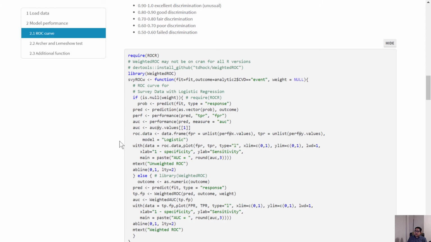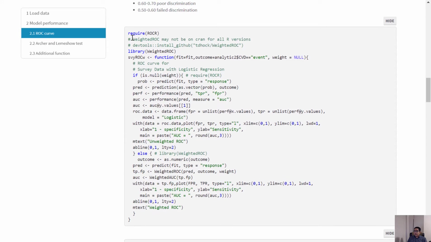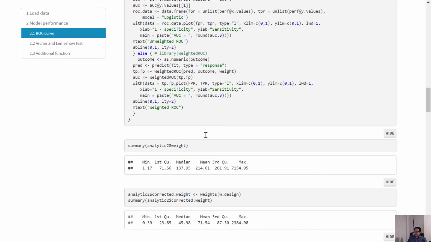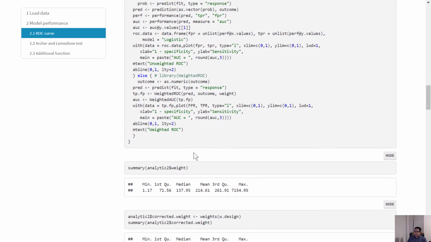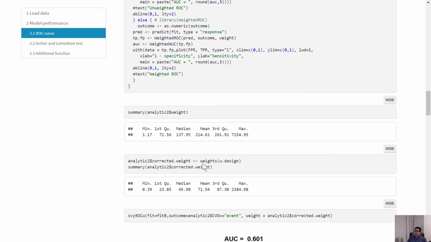So unfortunately there is no particular function inside any particular package, as far as I know. There are some functions that work for non-weighted data, and for weighted data there are some functions available, but they need modification for the purposes of our AUC analysis. So what we are doing is extracting the weights that we got from the design, which are the corrected weights.